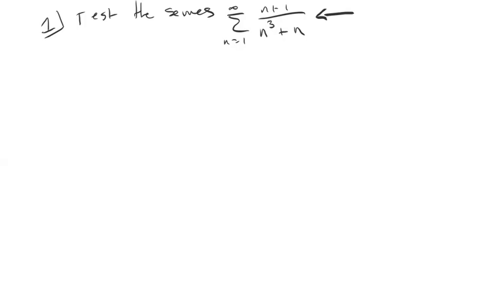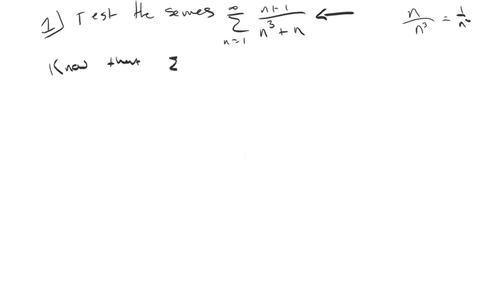In general, just from experience, honestly, we want to compare leading terms of each of these polynomials in the numerator and denominator. So we want to compare with something of the form n over n cubed, which is 1 over n squared, okay?